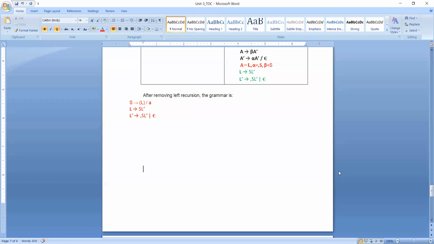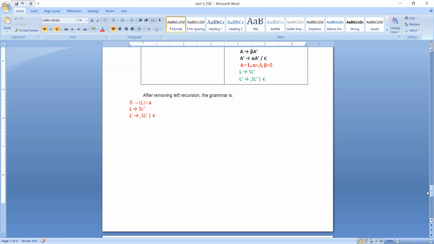So that is the reason why whenever we are going to give some grammar as input to the parser, first of all, we need to make sure that the grammar is not ambiguous, and at the same time the grammar is not having any left recursion as well as left factoring.